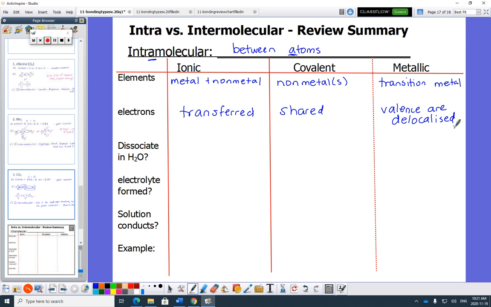So today your lab is going to test some physical properties of ionic versus covalent. Do ionic compounds dissociate in water? Yes. And covalent, no. Just cross that one out. We haven't talked a lot yet about solubility.